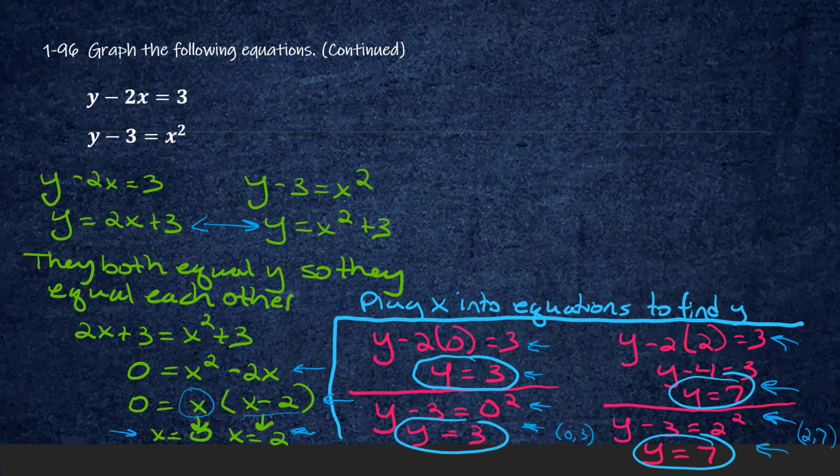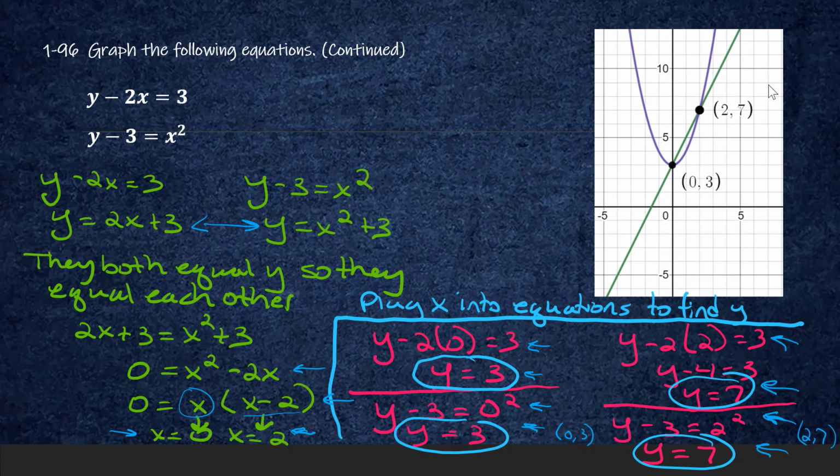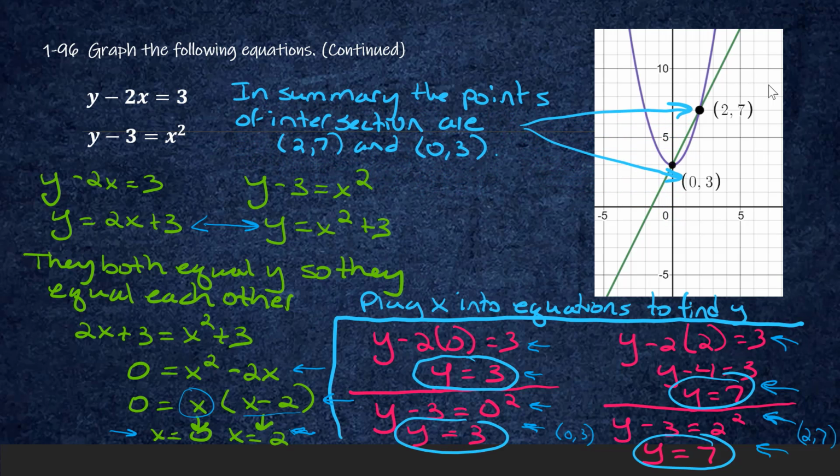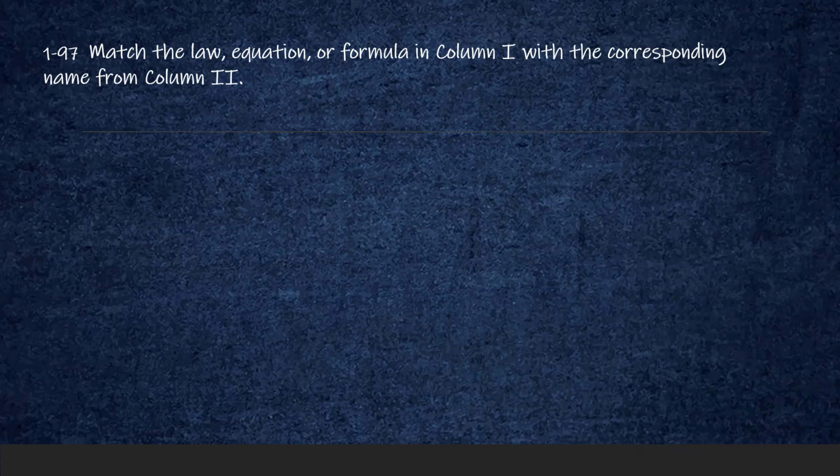So let's check out our graph. And there you have it. Those are the 2 points that we have graphed in this particular problem. And in summary, the points of intersection are 2, 7, and 0, 3, which we have talked about. We're moving on.